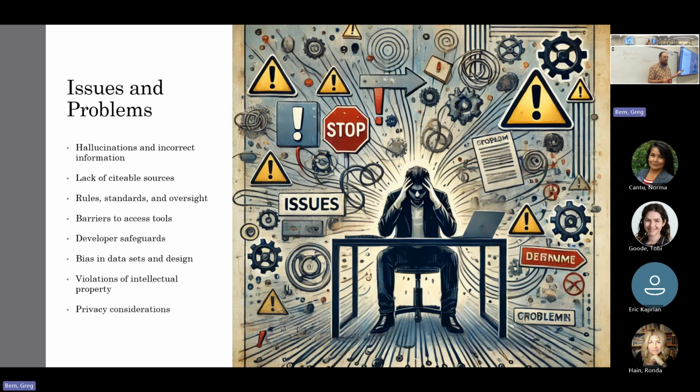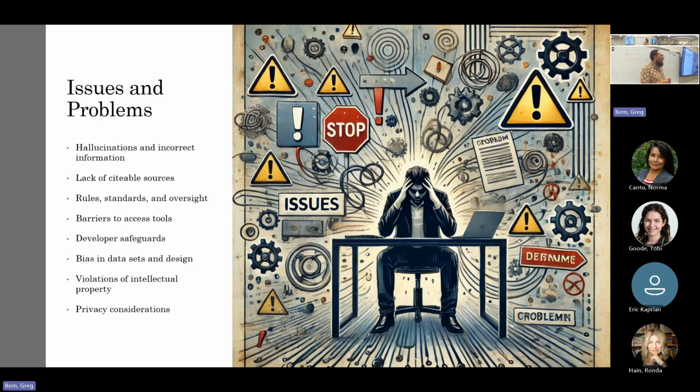Should these tools provide an opinion on the information they're providing? Even if they don't provide an opinion, how do they skew? How does information skew based on bias? Violations in intellectual property, somebody mentioned that earlier.